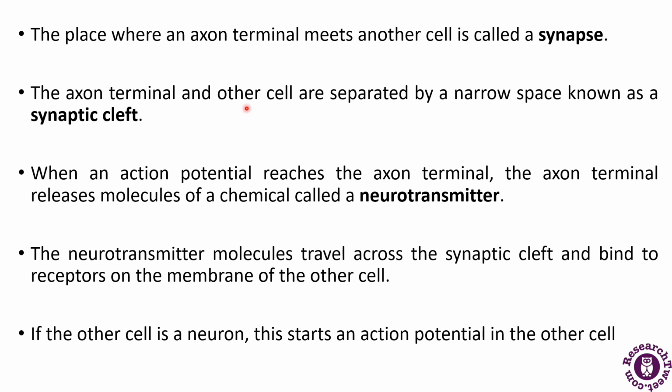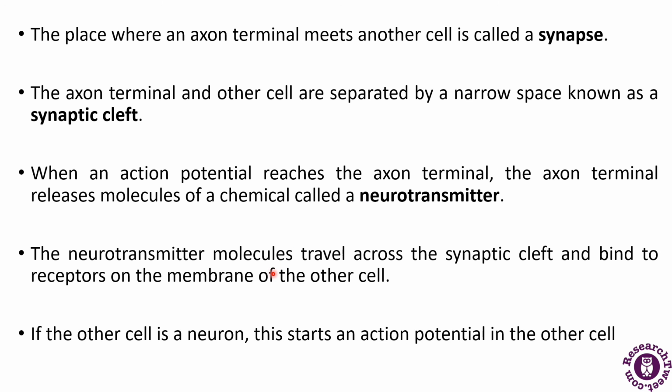When the axon terminal and the other cell are separated by a narrow space, that space is known as the synaptic cleft. When an action potential reaches the axon terminal, it releases molecules of a chemical known as neurotransmitters.